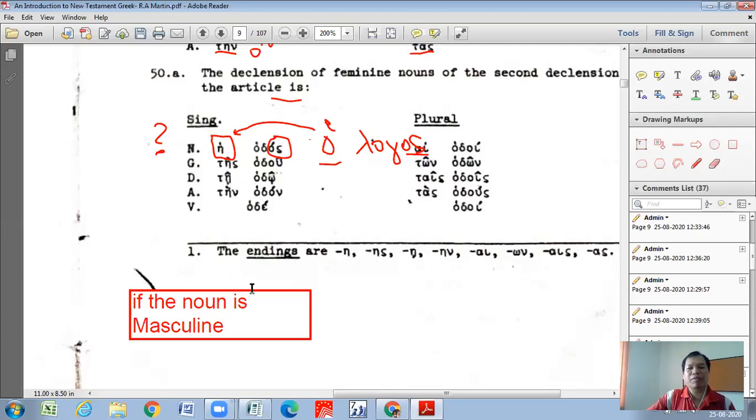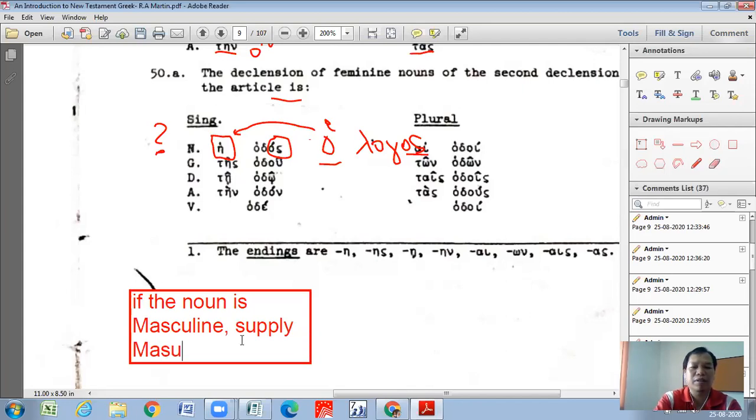Please, you can write it down if you want. If the noun is masculine, simply a masculine article.